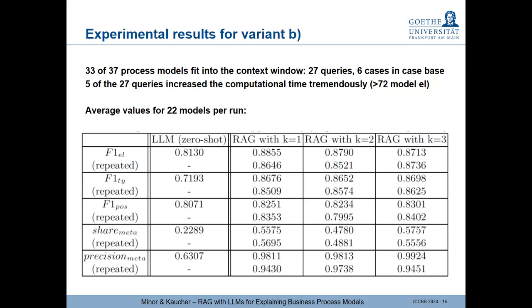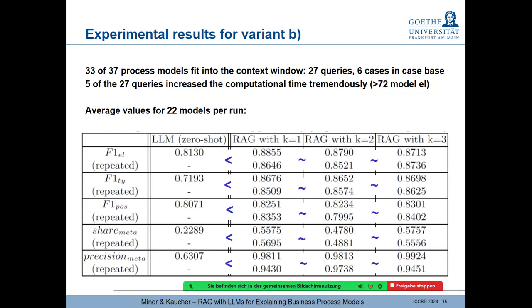So for the remaining 22 queries, we combined the precision and recall metrics into an F1 score. And as you can see in this table, on average, the RAG approach achieved better results than the naive LLM approaches for all of the measures.